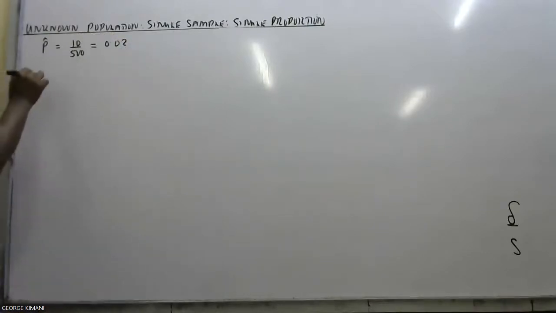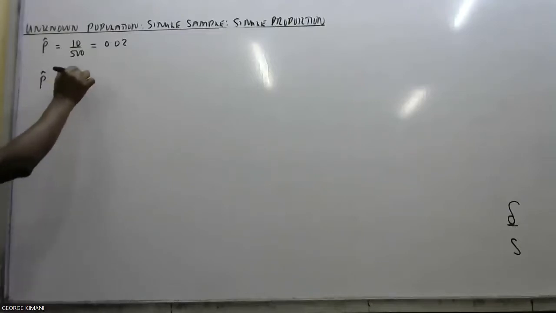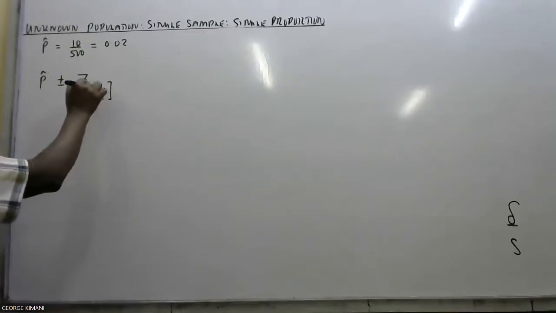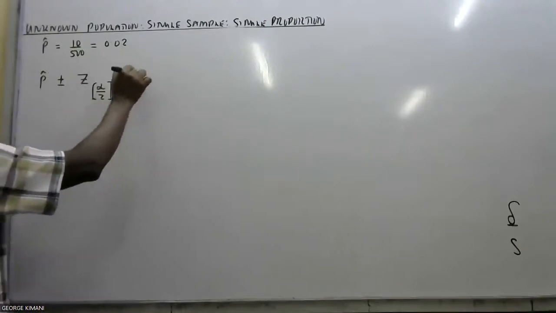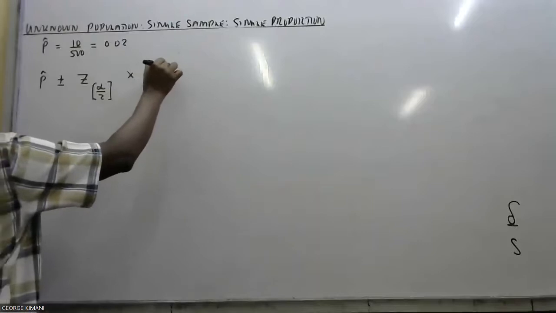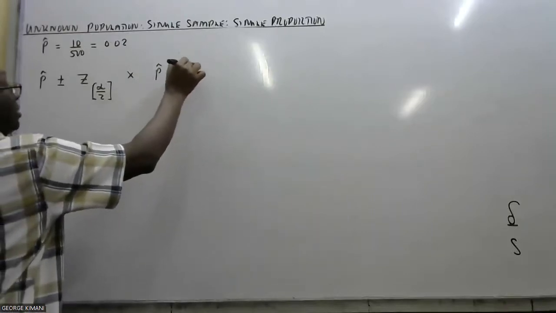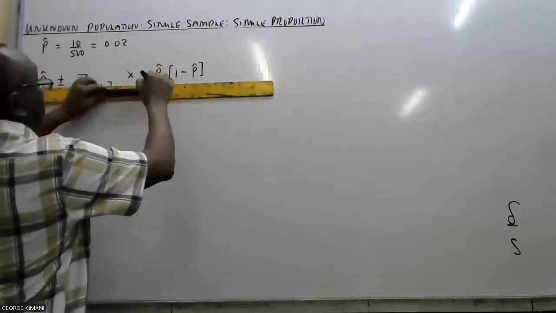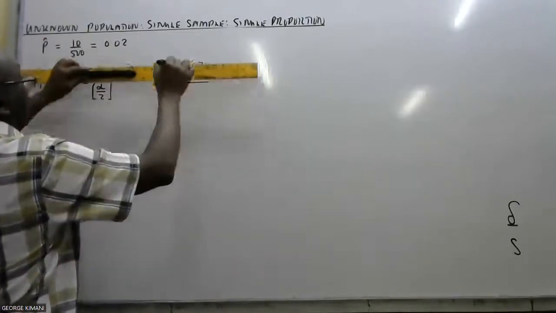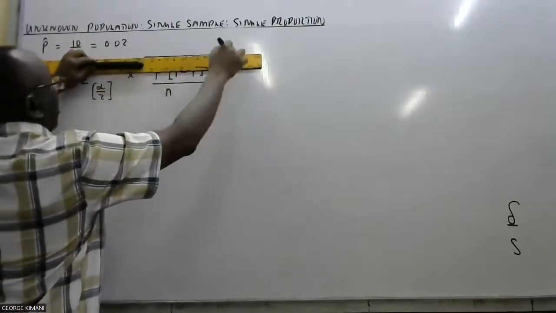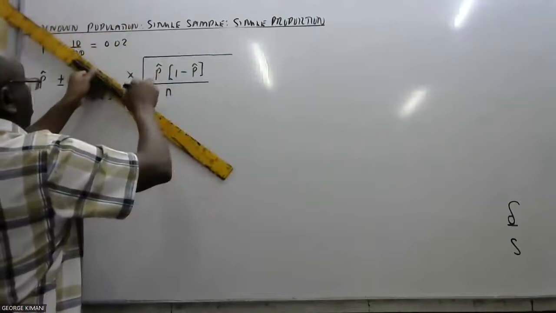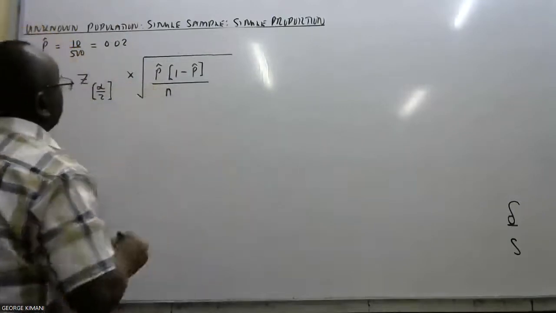So the formula that is used is sample proportion plus or minus Z alpha divided by 2, multiplied by the square root of sample proportion times 1 minus sample proportion, divided by n.